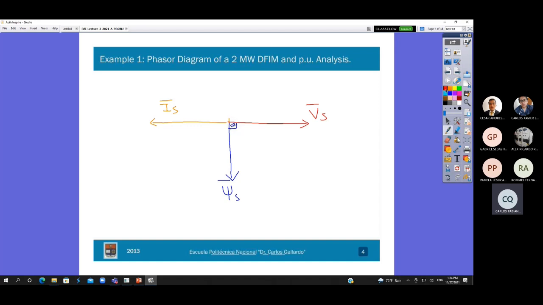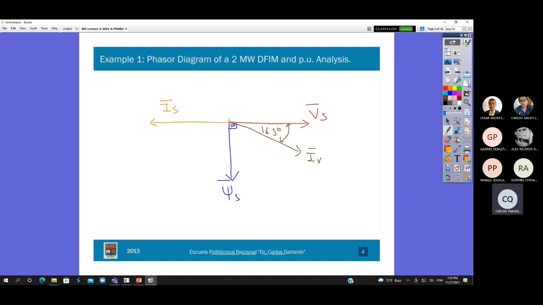Later on we compute the rotor current, and the rotor current is this one. The angle for the rotor current is 16.5 degrees.